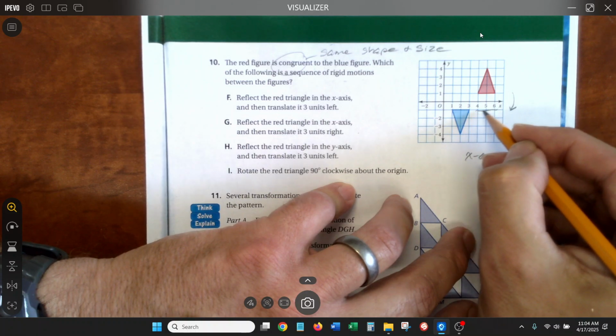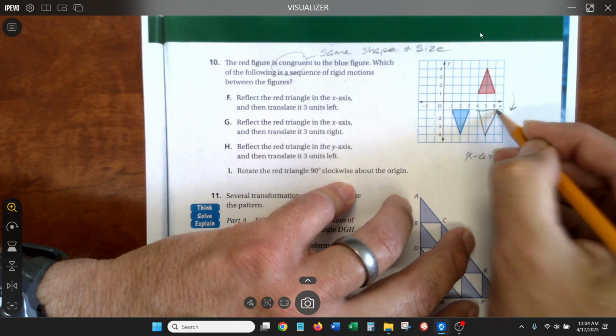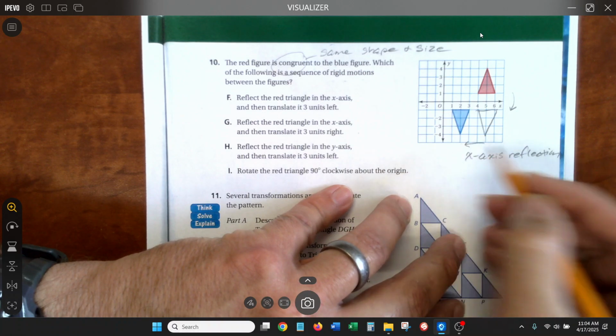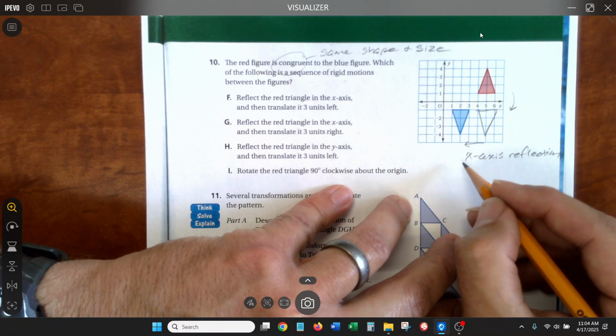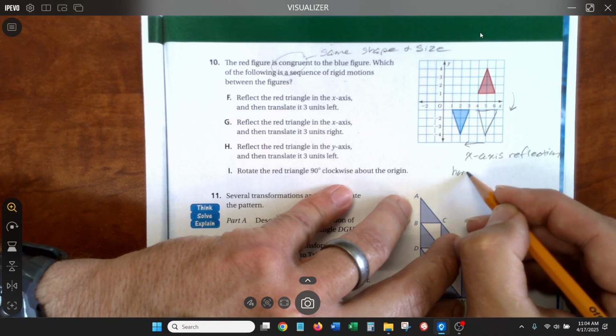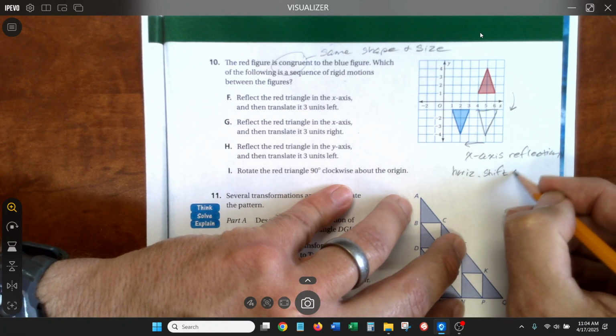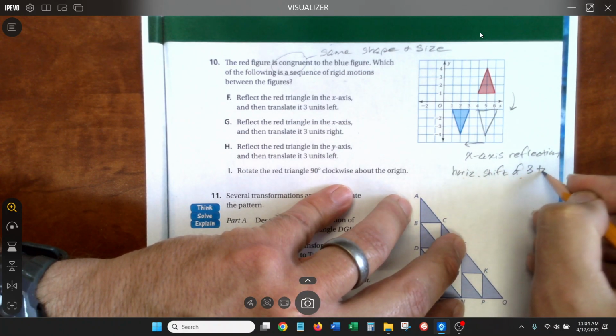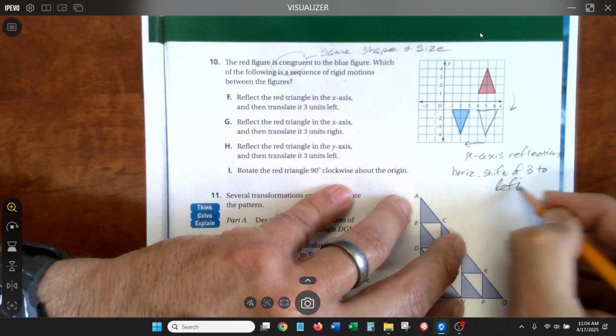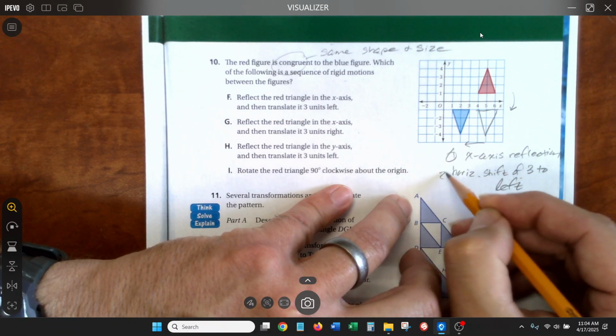That brings us here. And then we shift to the left by 3. So that is a horizontal shift of 3 to the left. So that's one way to get from red to blue.